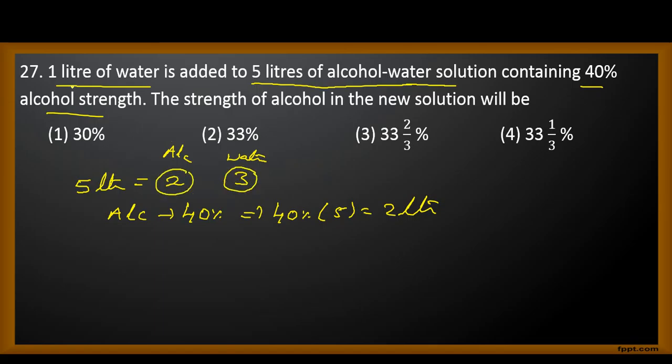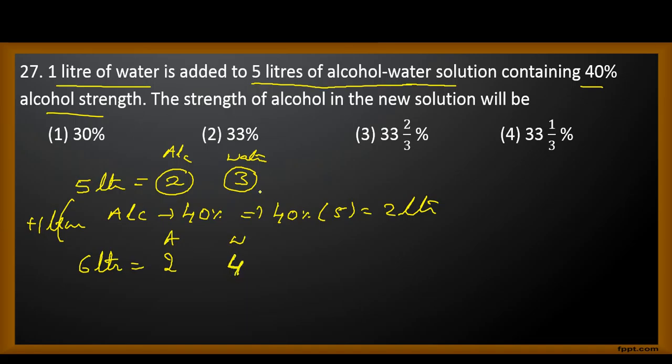What we did was add 1 liter of water. After adding 1 liter of water, it becomes 6 liters. Because you're adding water, the alcohol content remains the same. So 2 liters of alcohol, and the water content will become 4 liters.